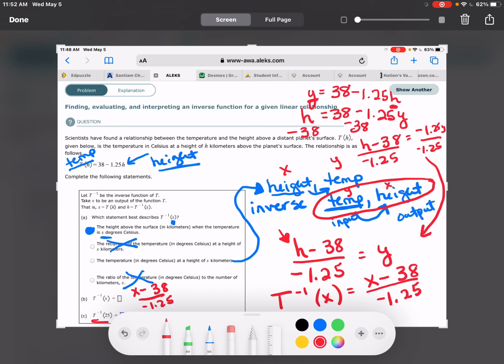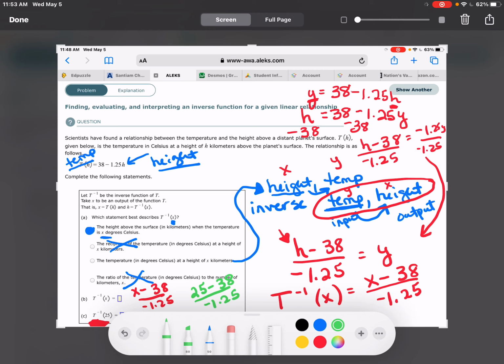And then we need to find the inverse of t of 25. So we have to plug in the 25. So we're going to solve this 25 minus 38 divided by negative 1.25.